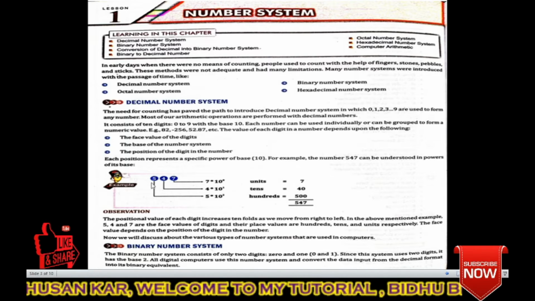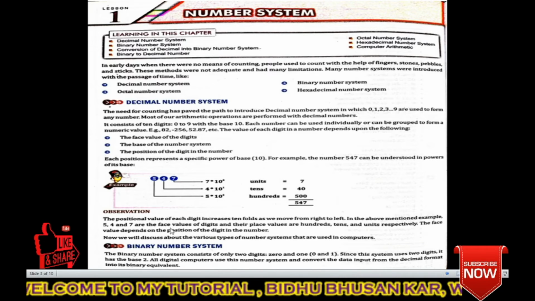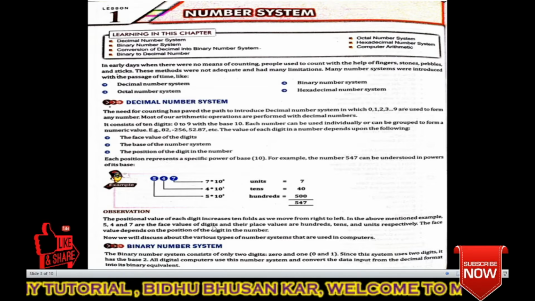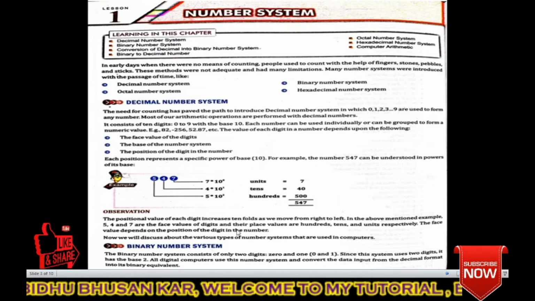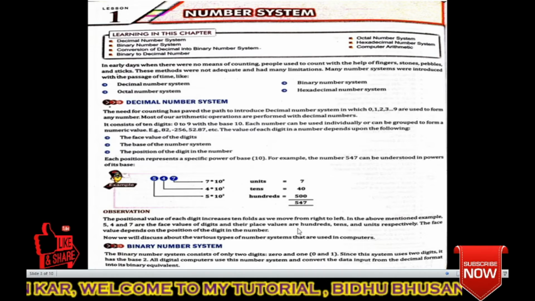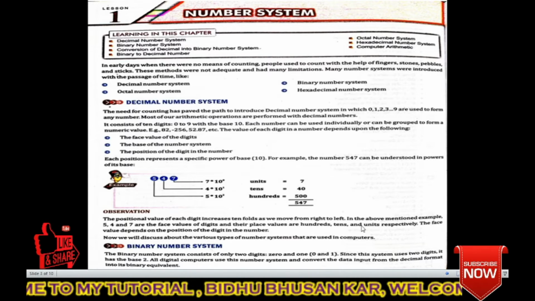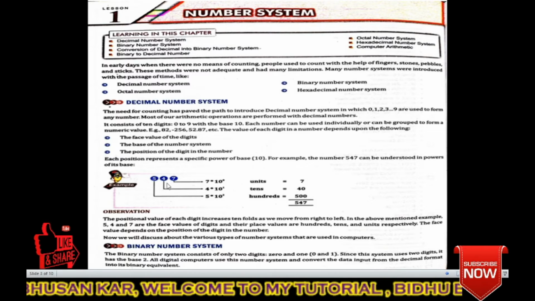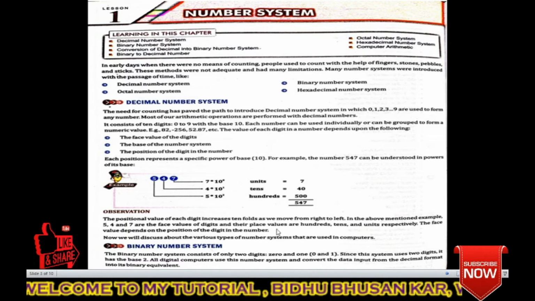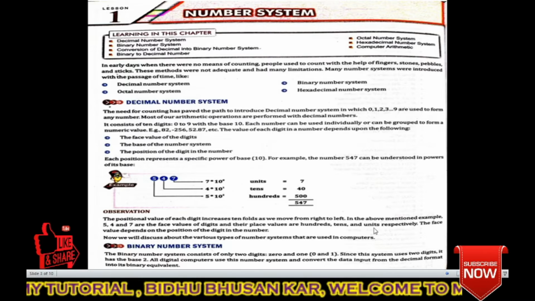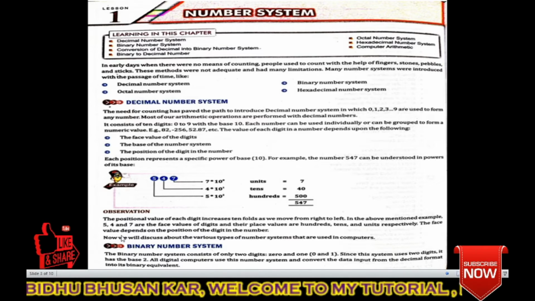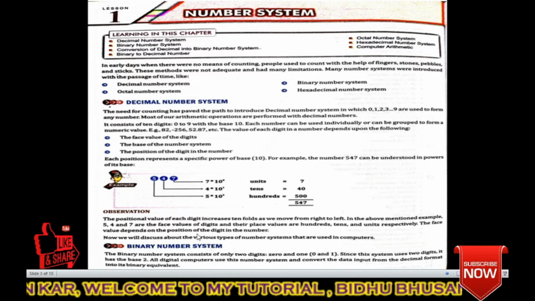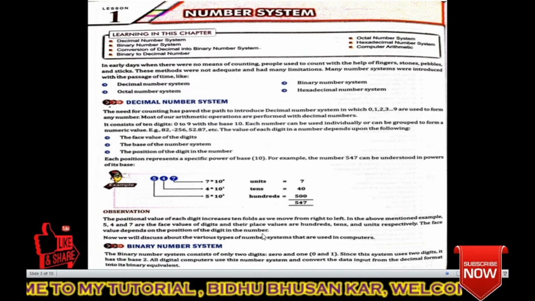So here 5, 4, 7 are the face values of the digits, and their place values are hundreds, tens and units, respectively. The face value depends on the position of the digits in the number.